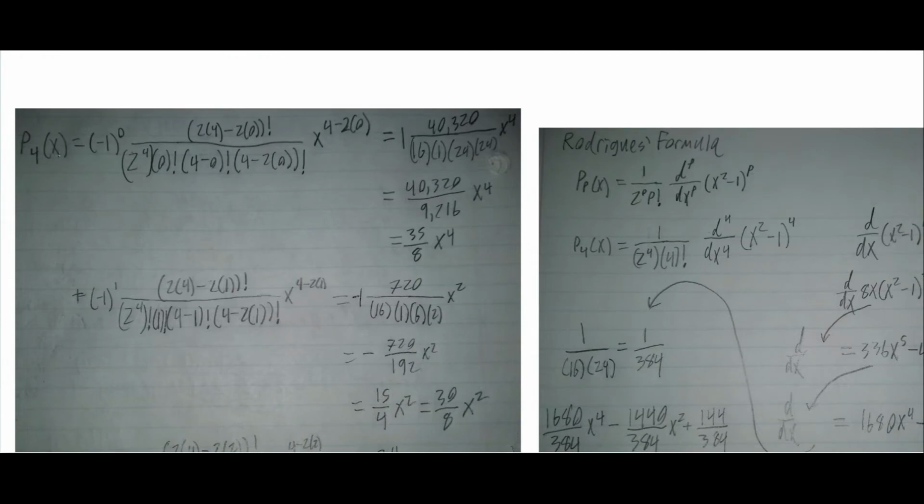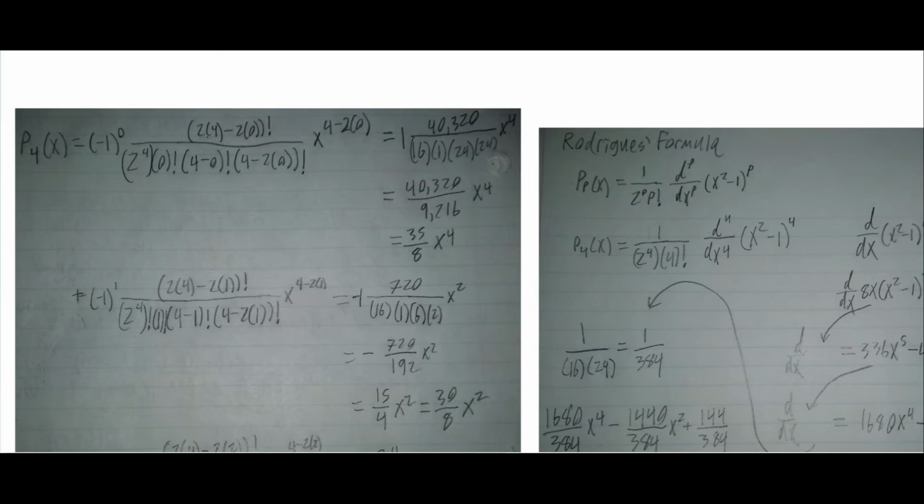But anyway, for the first term up here, we have negative 1 to the 0th power, which will just be 1. But then I did the 2 to the 4th and the 0 factorial. So 2 to the 4th is 16. 0 factorial is 1. 4 minus 0 factorial is 24. And 4 minus 2 times 0, which is just 0, is also 24.